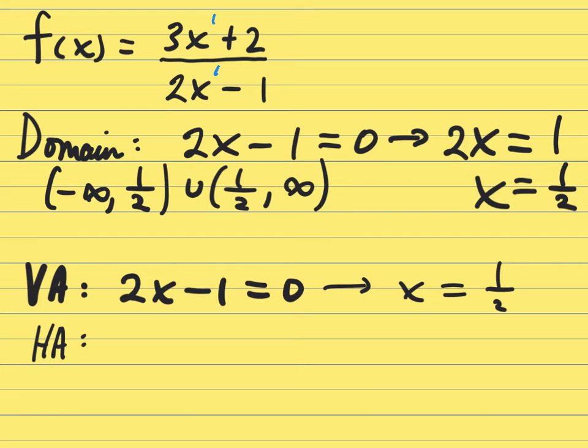Those are the dominant terms from top and bottom. If those tie, then your horizontal asymptote will be the ratio of those two terms' coefficients. So that's going to give us y equals 3/2.